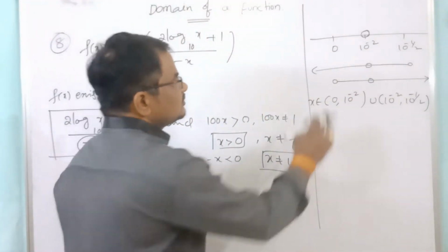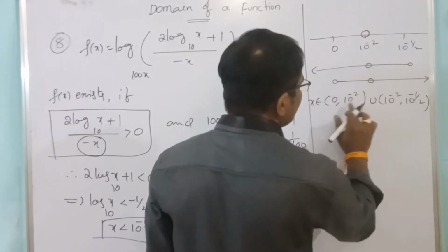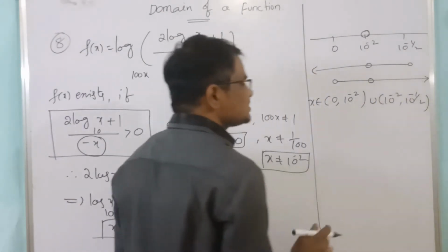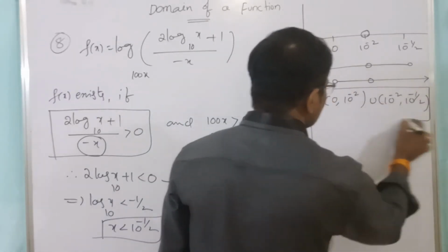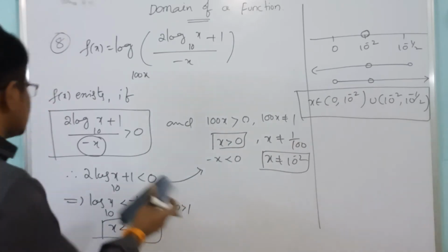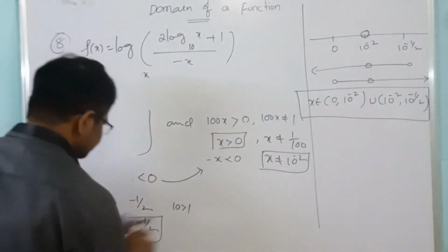So 0 to 10 to the power of minus 2 union 10 to the power of minus 2 to 10 to the power of minus 1 by 2 is our required domain of the given function. So this is about the 8th problem.